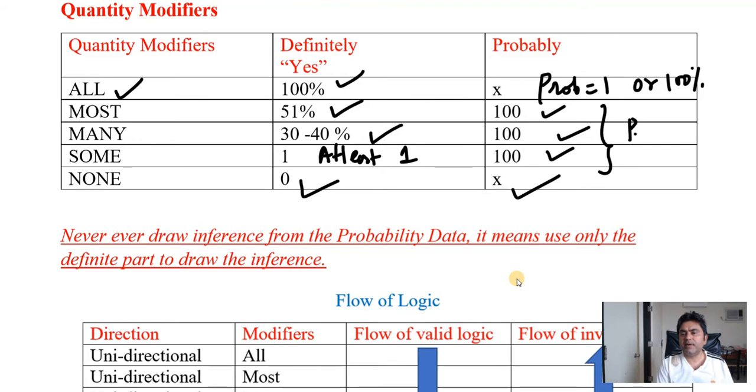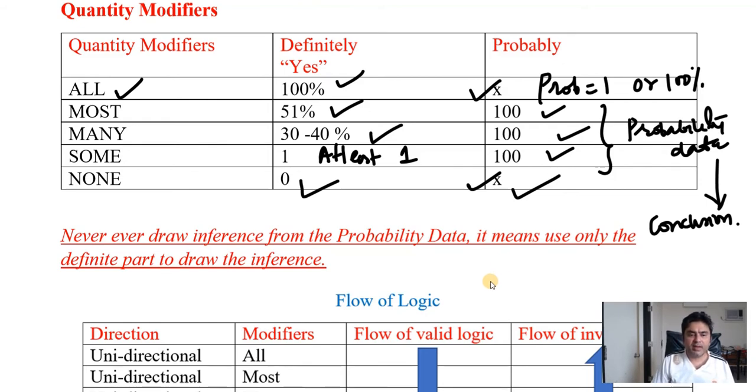Next, flow of logic. So what is there in flow of logic? In the flow of logic, there is unidirectional and bidirectional. Uni means in one direction only.